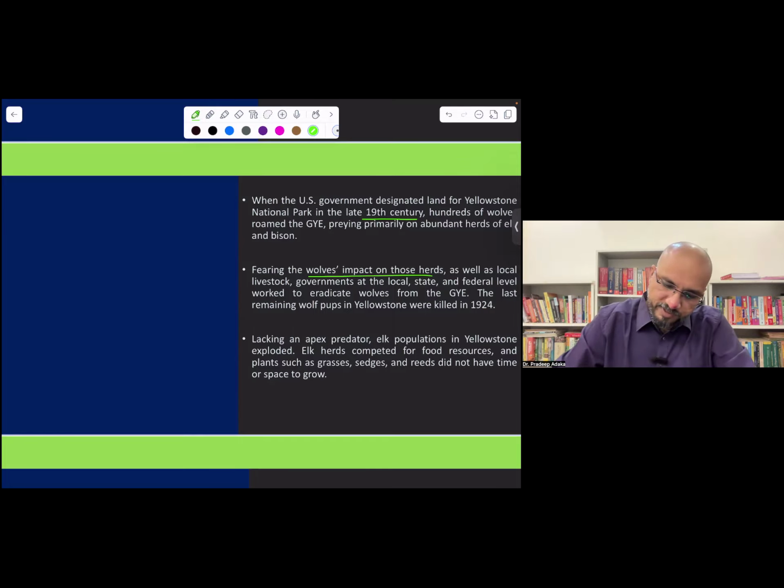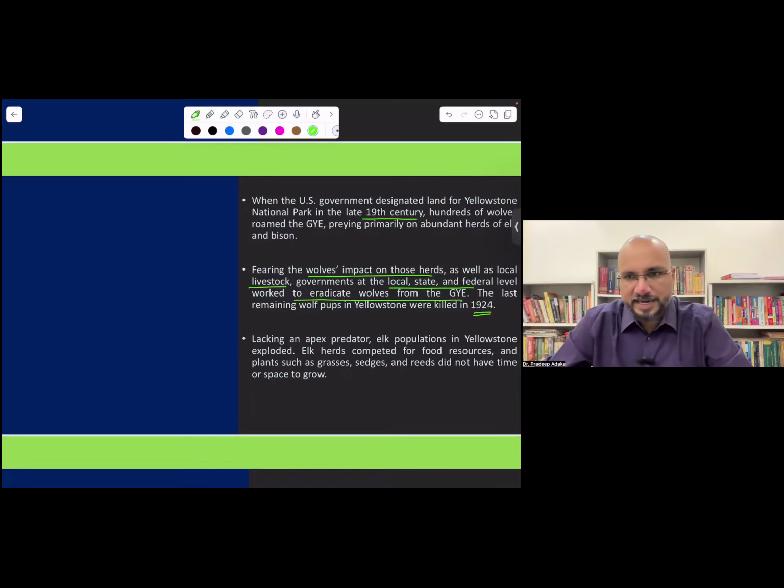Fearing the wolves' impact on those herds as well as people's livestock, government at the local level, state level, and federal level worked to eradicate the wolves from the Greater Yellowstone ecosystem. They started hunting. The last remaining wolf pups in Yellowstone were killed in 1924. So by 1924, wolves were erased from the Greater Yellowstone ecosystem.